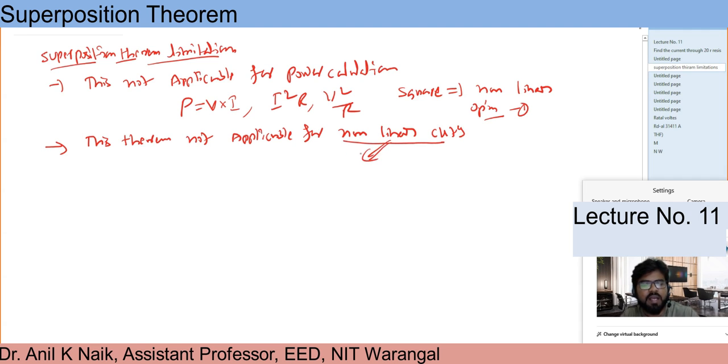If the circuit has devices like diodes and transistors, then that circuit has characteristics called non-linear. For them you cannot apply the superposition theorem. So these are the two limitations you need to remember while applying the superposition theorem. With this we will conclude this session for today.